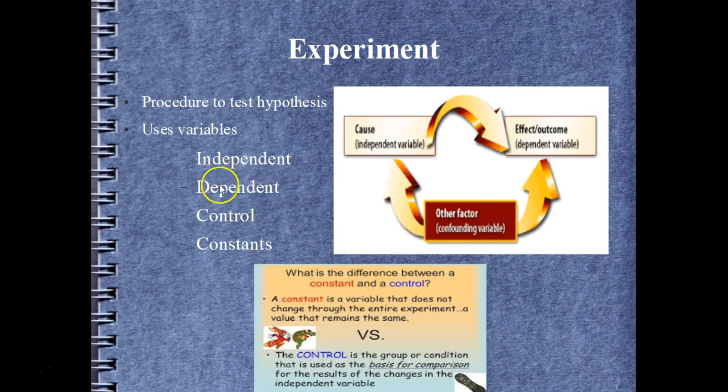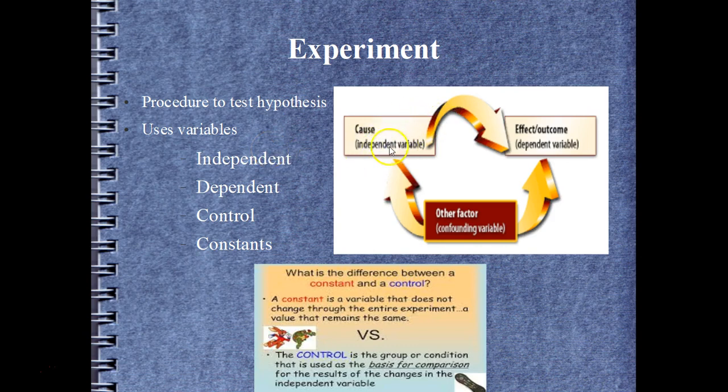Now, the other two variables that you are trying to change fall into two forms, independent variables or dependent variables. Independent variable is the variable that you're changing. It's the if in your hypothesis. If the independent variable changes, then your dependent variable would change. Your dependent variable is your result. It's your outcome. It's what you think is going to happen because of your independent variable.